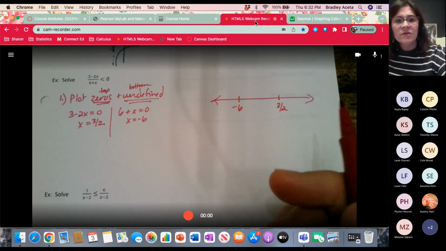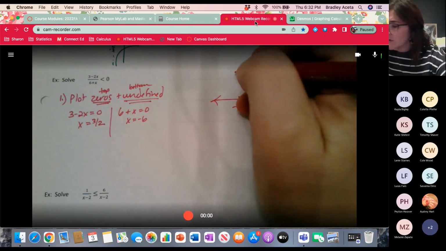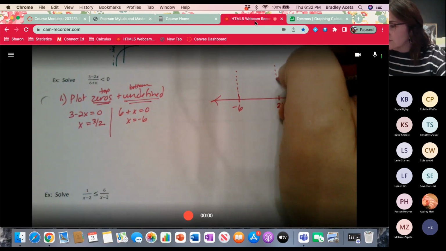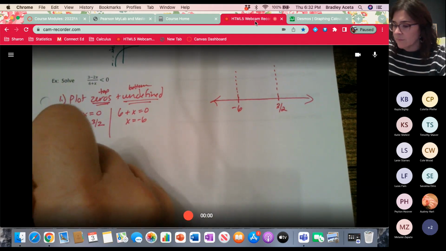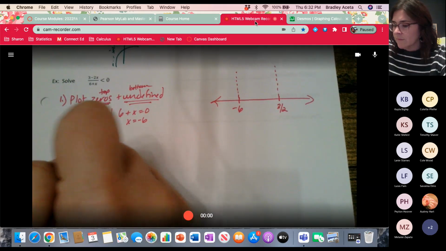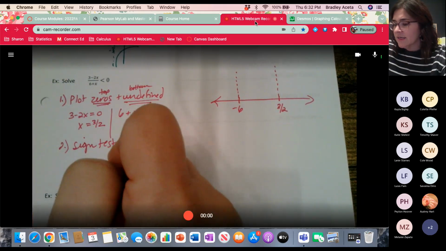And then you're going to do a sign test. And remember, there are 3 different zones that you've now constructed. And you're going to do a sign test on them. So do a sign test and test each zone.